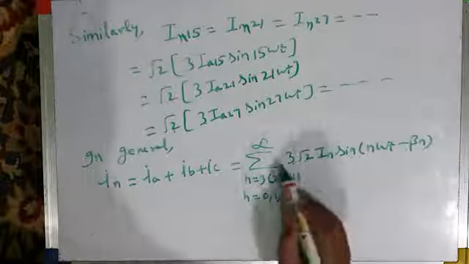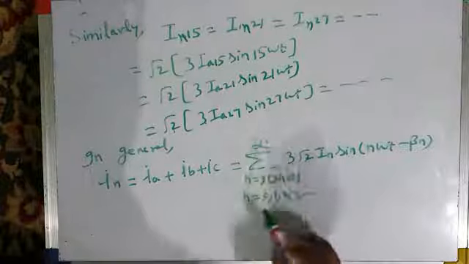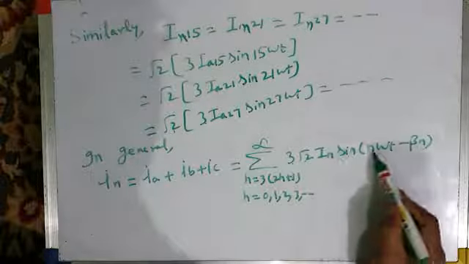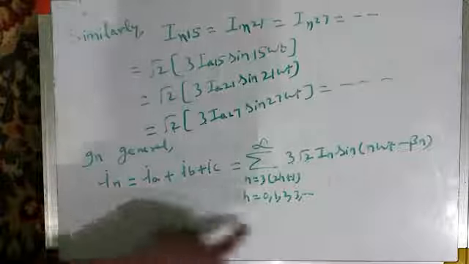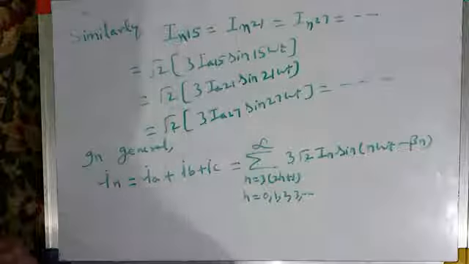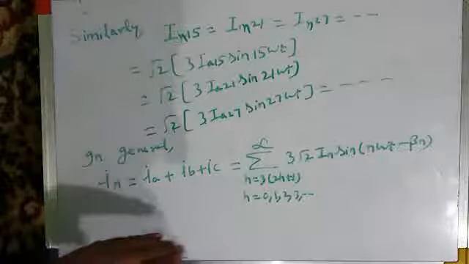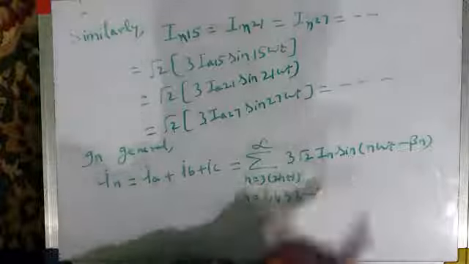In general, it can be written like this: summation over n equal to 3 times 2h plus 1 to infinity, where h equal to 0, 1, 2, 3 and so on, of 3 root 2 In sine of n omega t minus beta n. So this is the mathematical expression for neutral current. That means even in a balanced system, but a balanced system with harmonics, there will be neutral current, and that neutral current will be because of triplet harmonics.